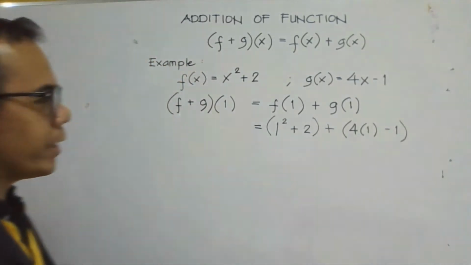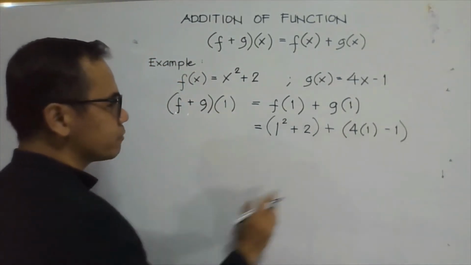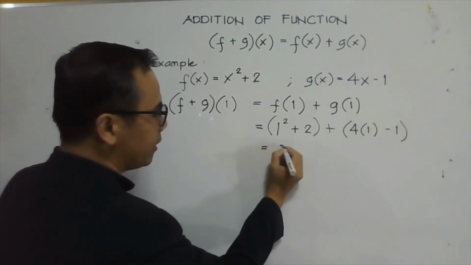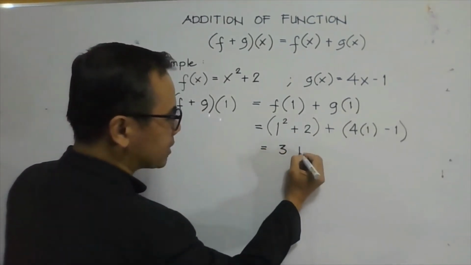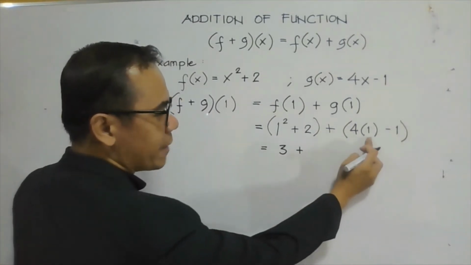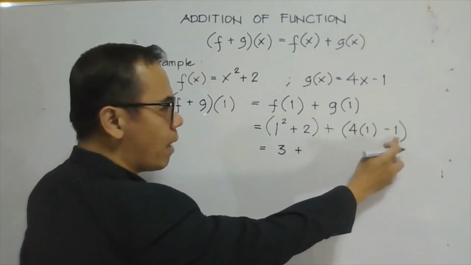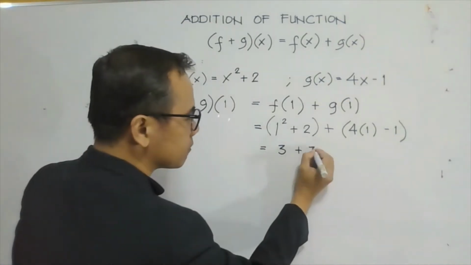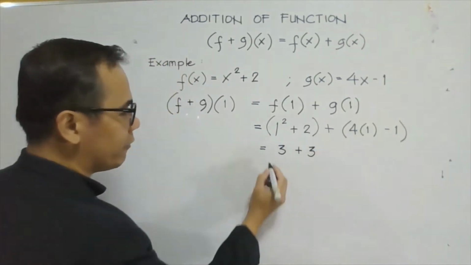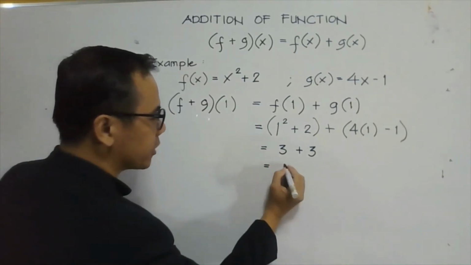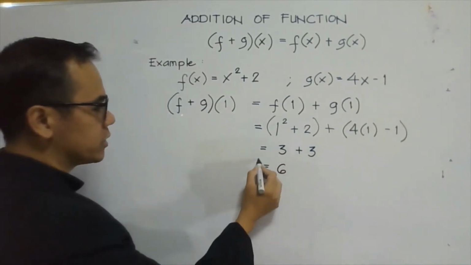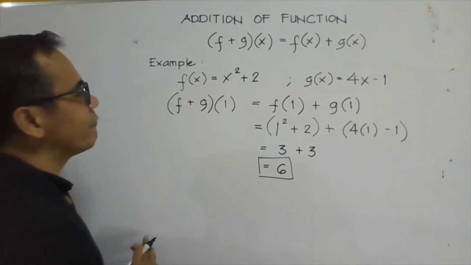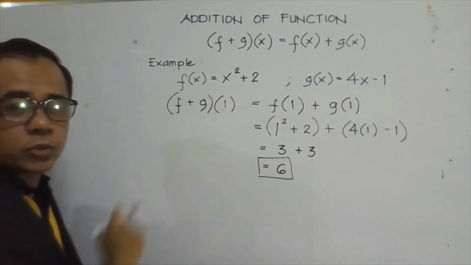Then we have to simplify it. 1 squared plus 2 is equal to 3, plus 4 times 1 is equal to 4, minus 1 is equal to 3. So therefore, our final answer is equal now to 6. So this is the sum of the two functions if variable x is equal to 1.